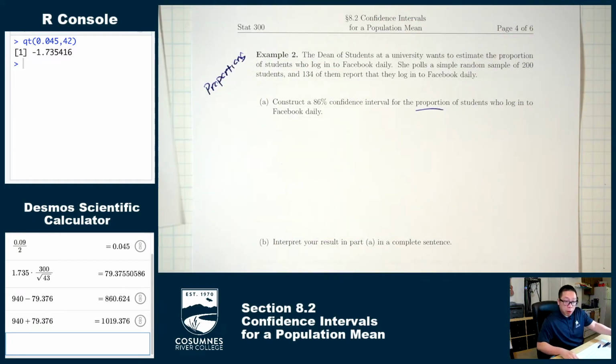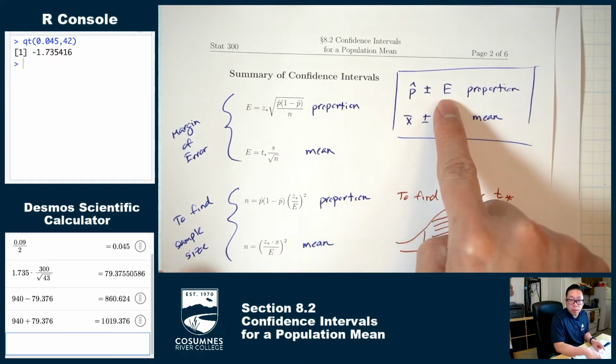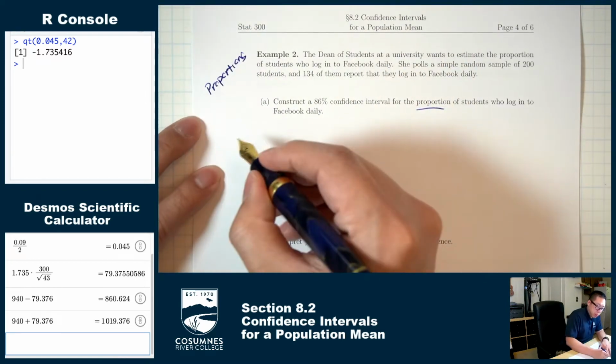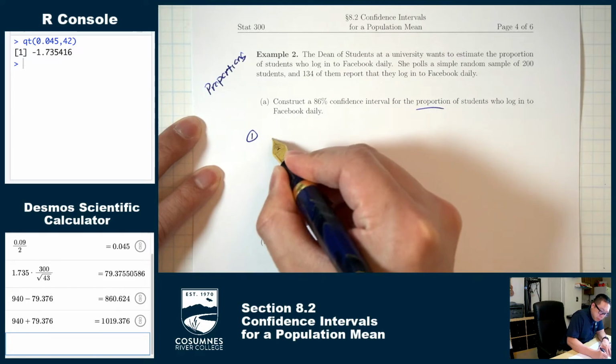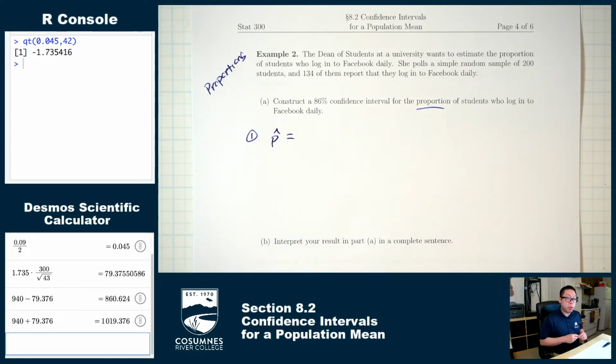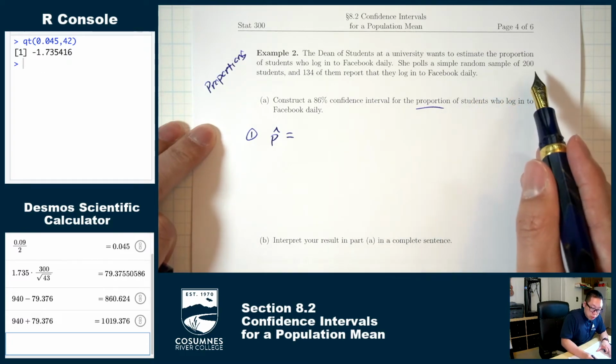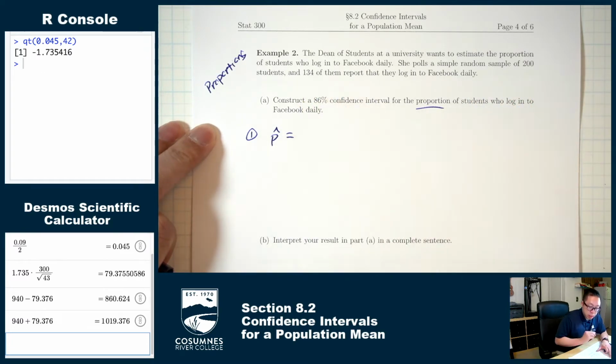So our end product, we want a p hat plus or minus the margin of error, which means the first step is to find a p hat. This is the proportion from our sample. So for proportions, you'd actually have to do computation, right? So we talked to 200 students, and 134 of them say that they log into Facebook daily.